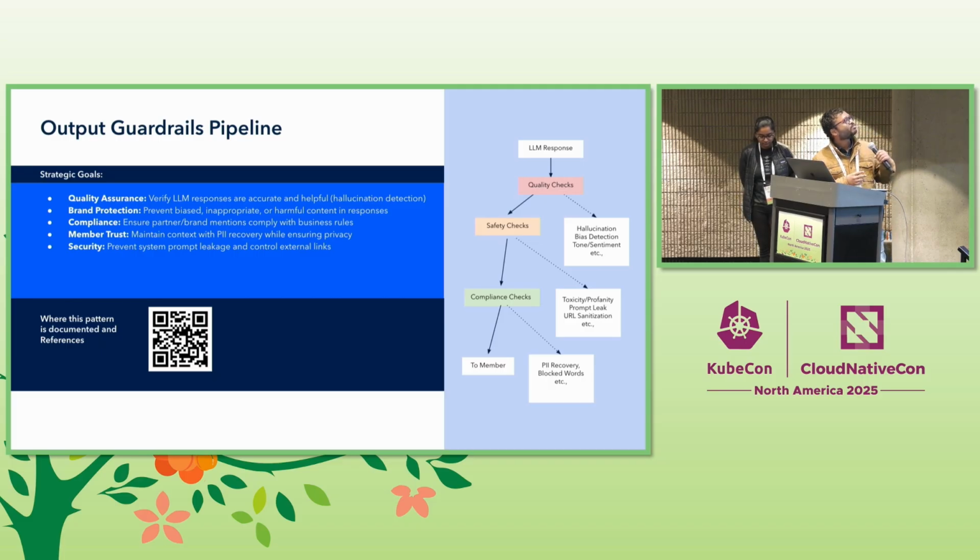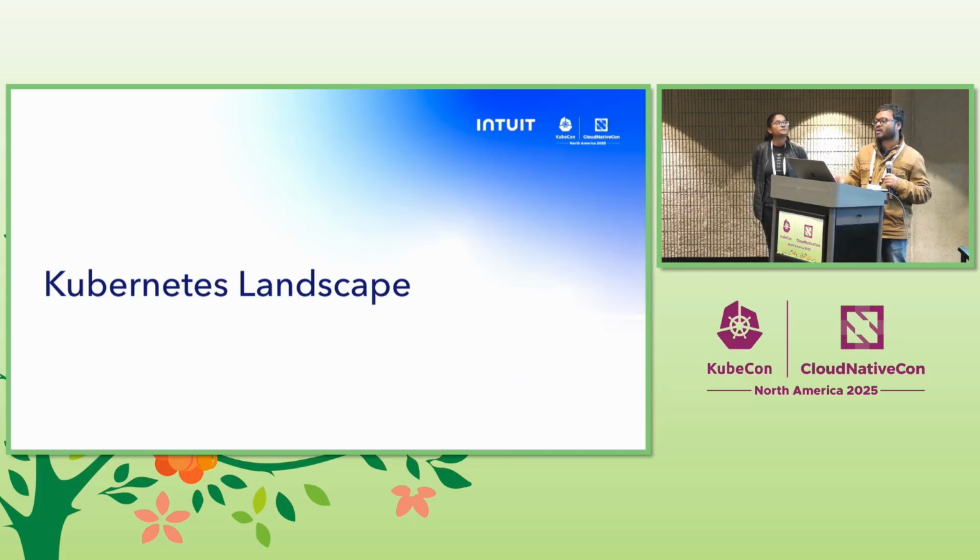I have documented how industry and open source are tackling this problem in a bunch of references. If you look at that QR code, you will see all those things. Overall, the point is that there is a need for a lot of guardrails, both before and after the LLM calls.